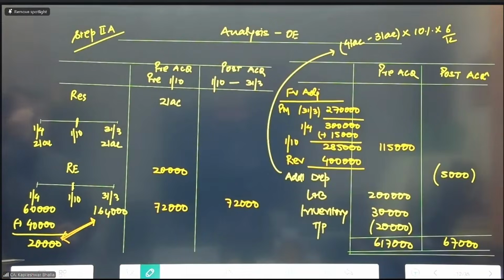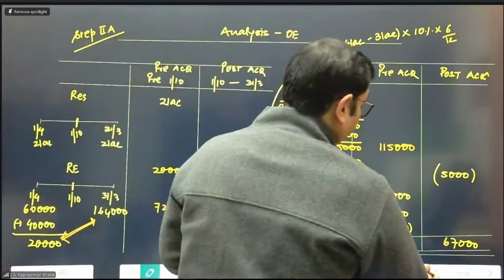Right, step number 2A is done. Now let's go to the next step, that is step number 2B. And what is the focus point in terms of step number 2B?